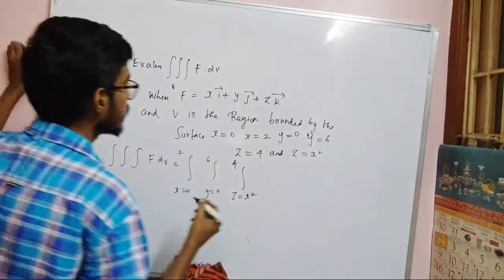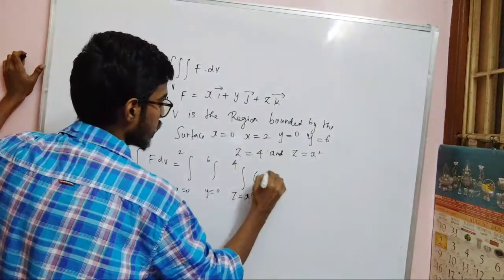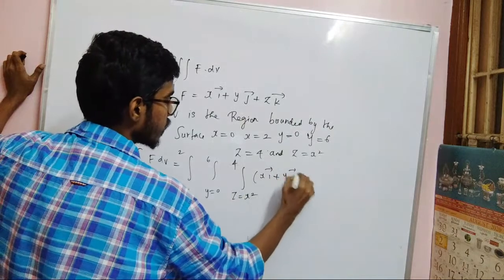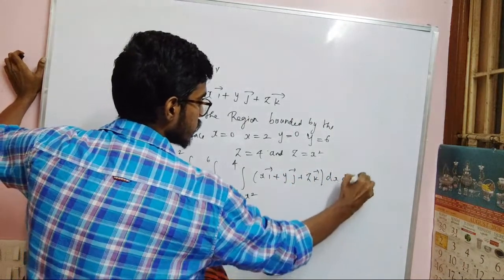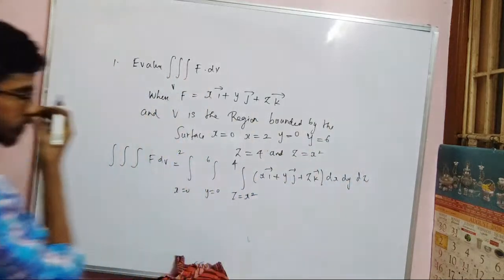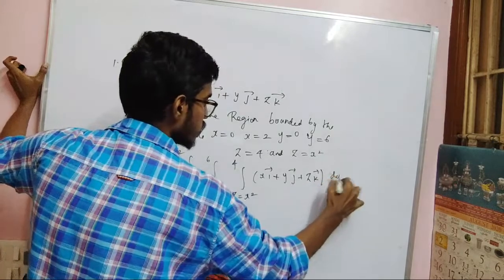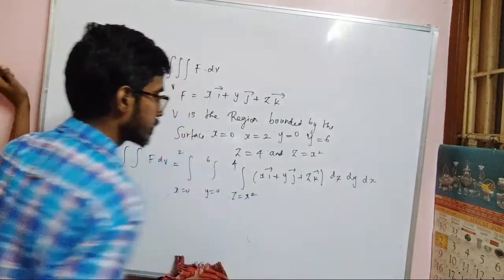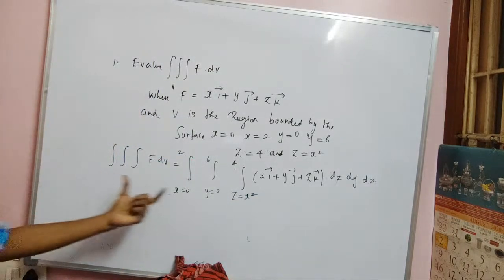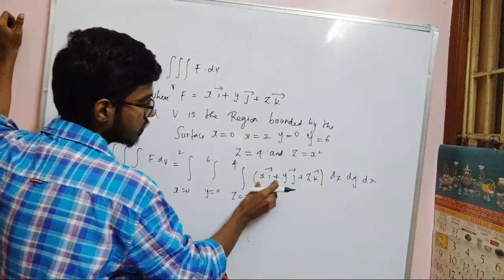So this is xi plus yj plus zk dx dy dz, or you will write dz dy dx. Now this will take more time because you can see this involves 3 variables.